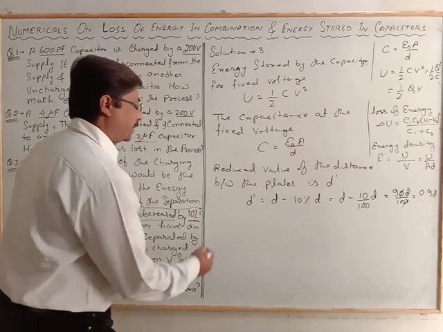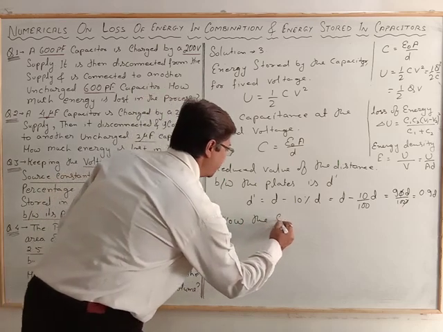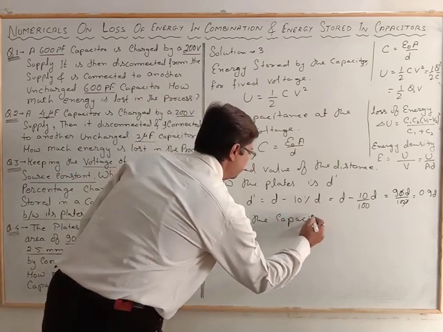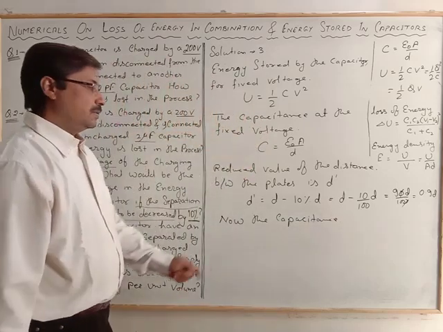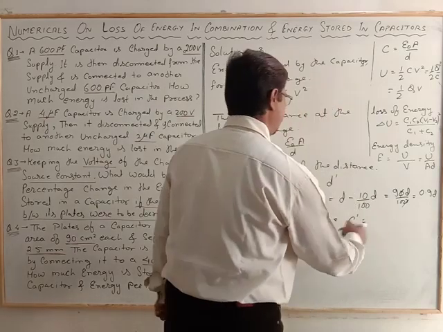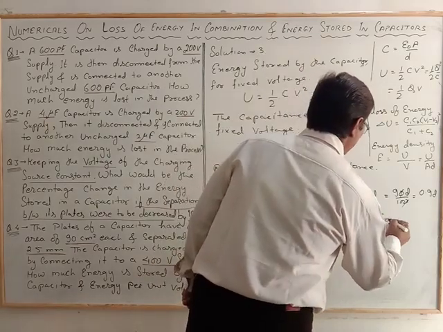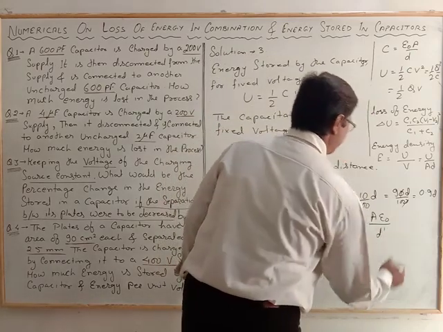Now the capacitance changes, and that capacitance C dash is equal to what? A epsilon naught by D dash.